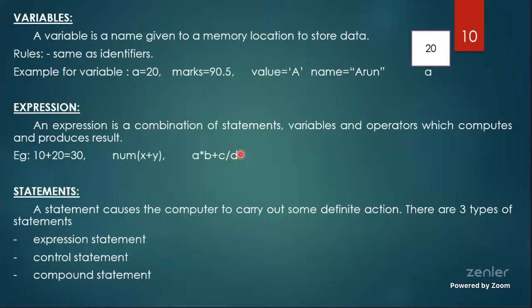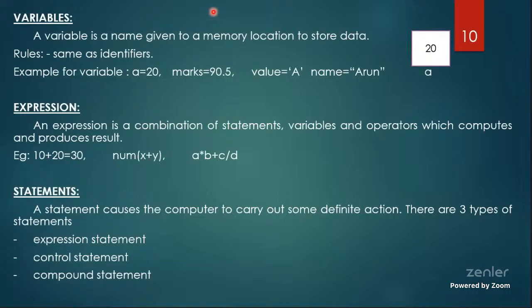A, B, C, D are the variables, and into, plus, division are the operators. So an expression is a combination of variables and operators. We consider it as an expression.